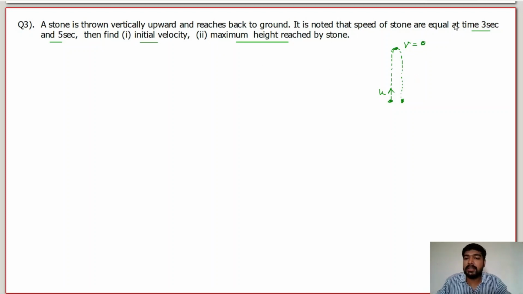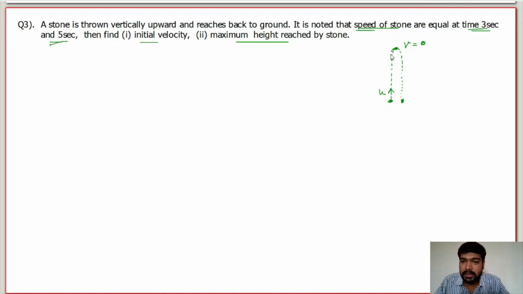In this question it's given that at 2 times, that means at time equals 3 seconds and at time equals 5 seconds, the speed of the stone is known. The word written is speed, which doesn't have a direction. That means the magnitude of velocity at 3 seconds and 5 seconds are equal.